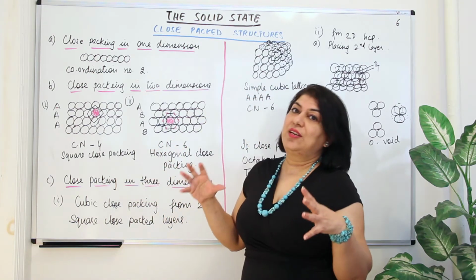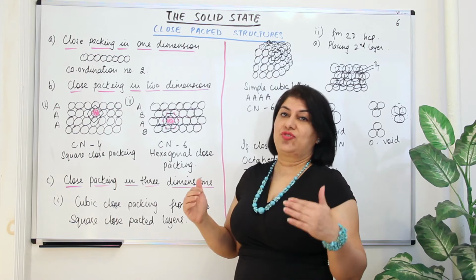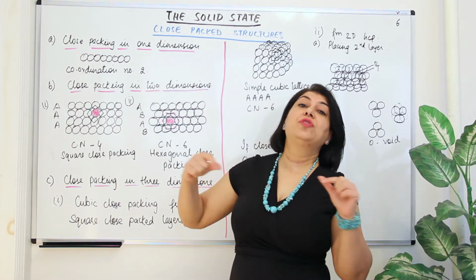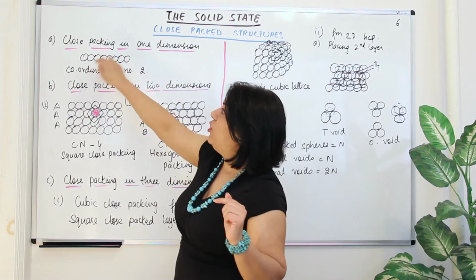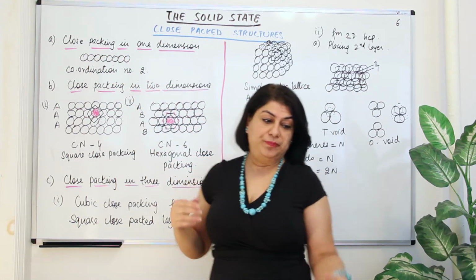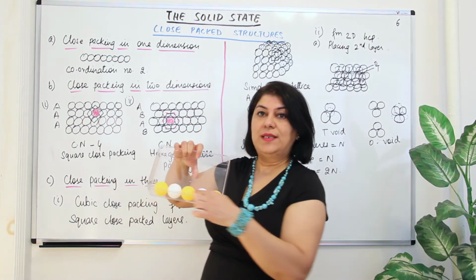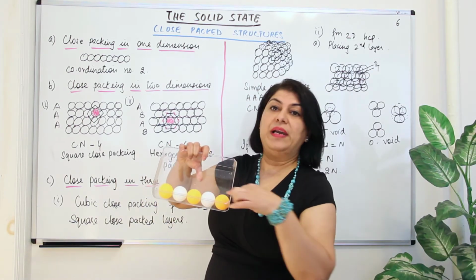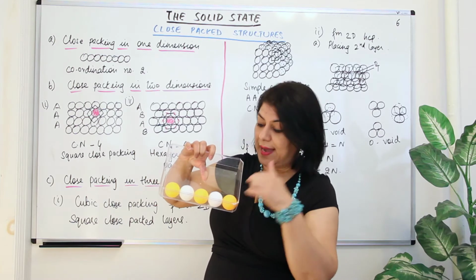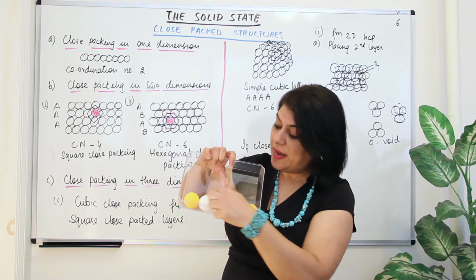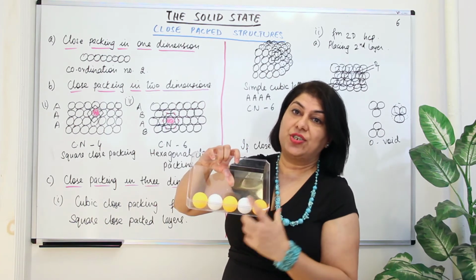The first thing that we see about a close-packed structure is we first have atoms put in a row. That is, we have a close packing in one dimension. If you have atoms in one dimension, you will have just one line, and since in solids the atoms must touch each other, here every atom is touching the adjacent one.